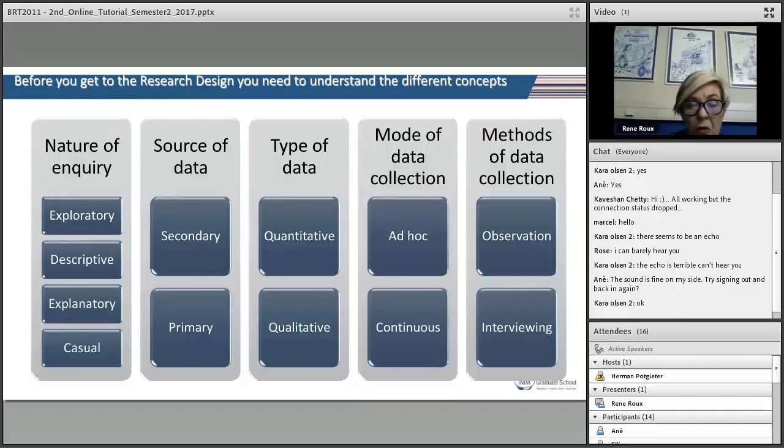Descriptive is exactly what the word is saying. If you really want to understand who is your customer, then you're going to describe that customer in terms of their lifestyle, in terms of their demographics, their income, their behavior. Explanatory is really when you try to understand reasons behind.